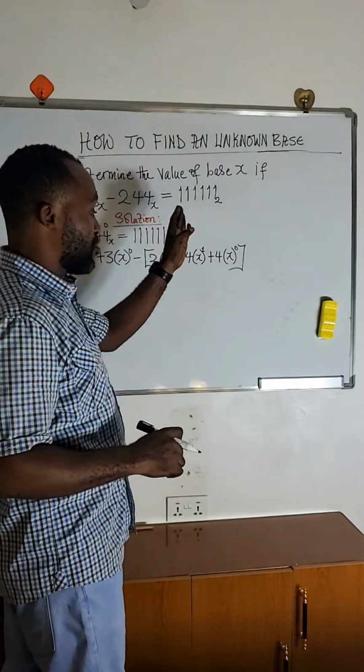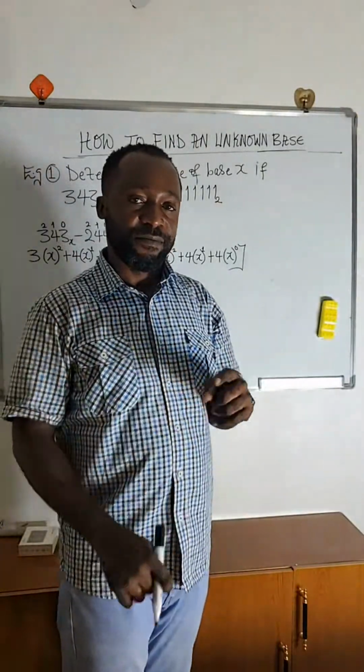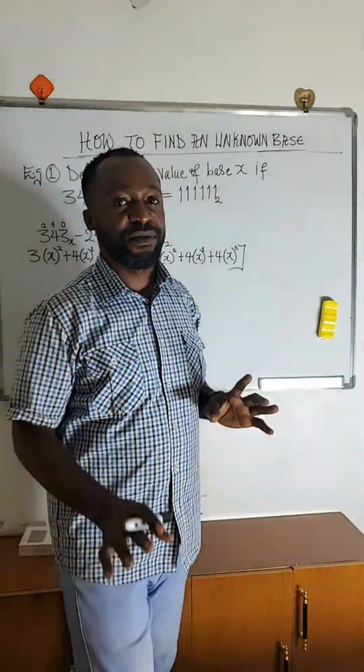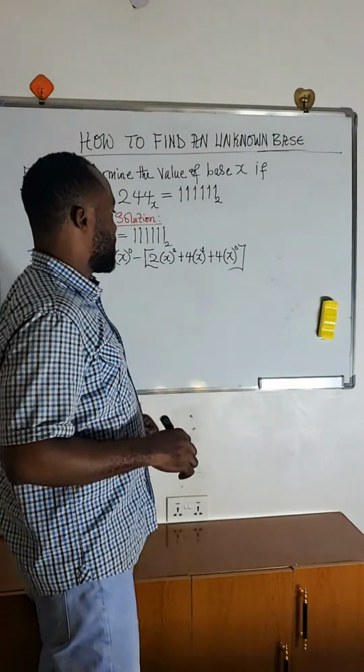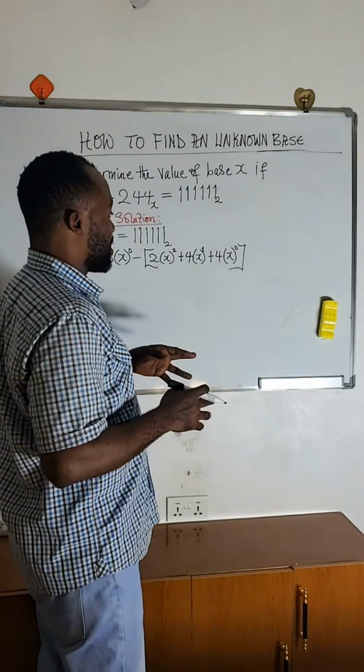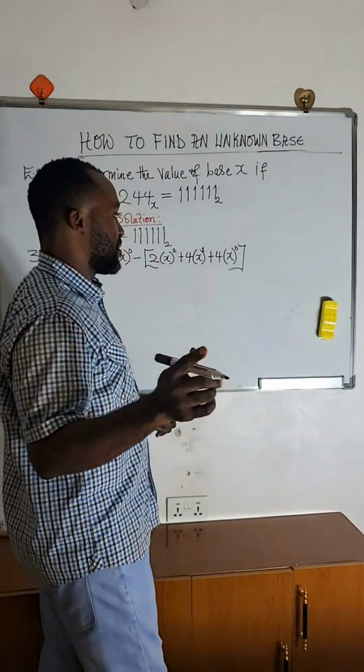We are also going to convert the right hand side to base 10. So let's convert 11111 into 6 places, from base 2 to base 10.